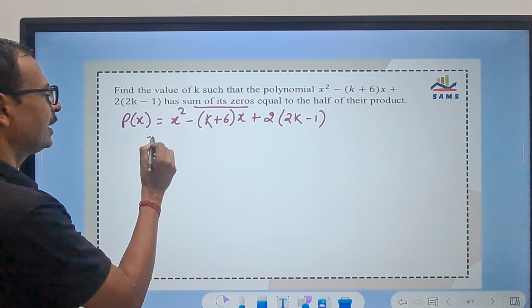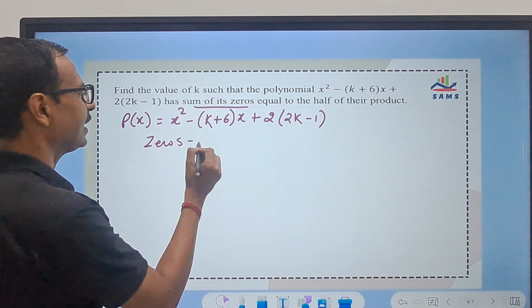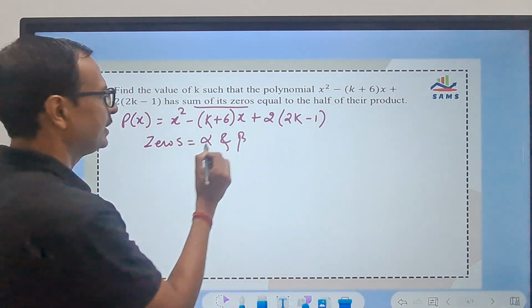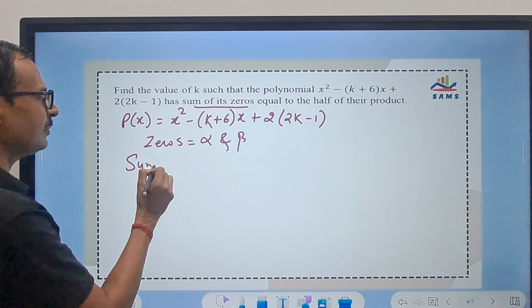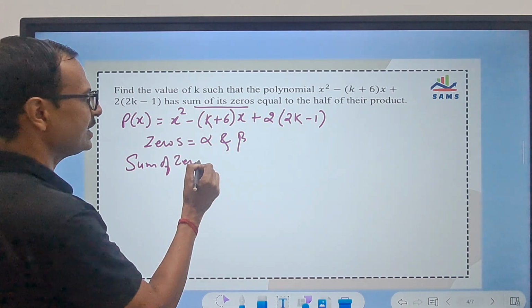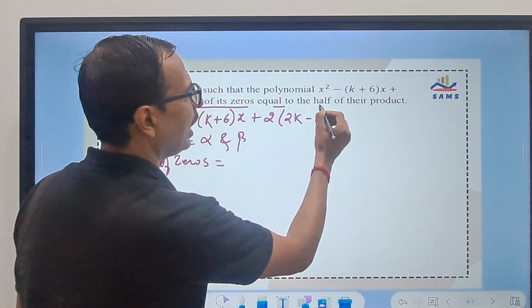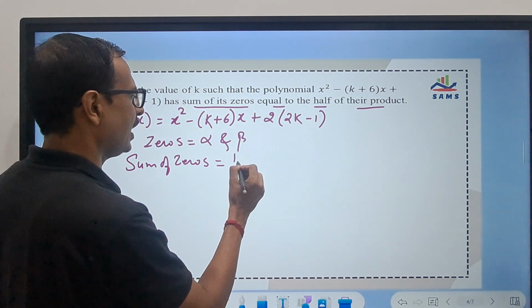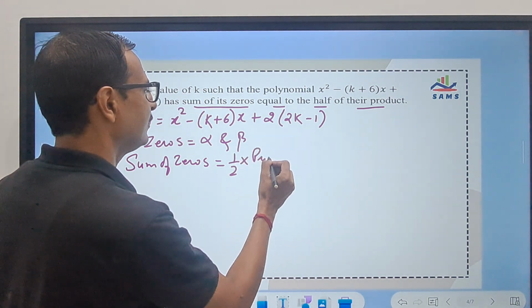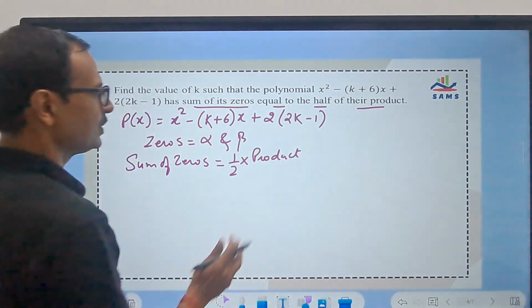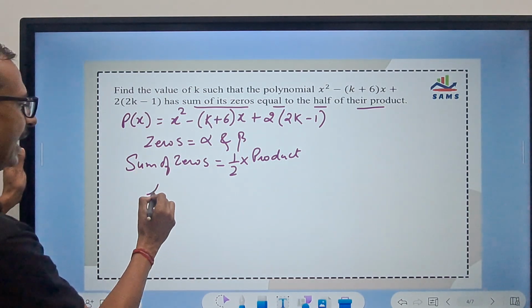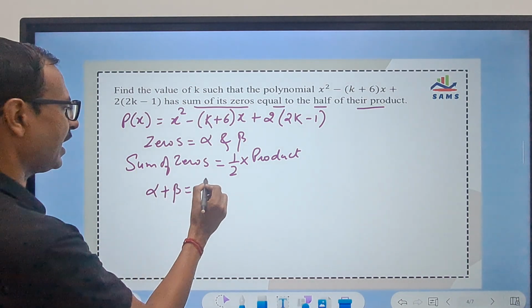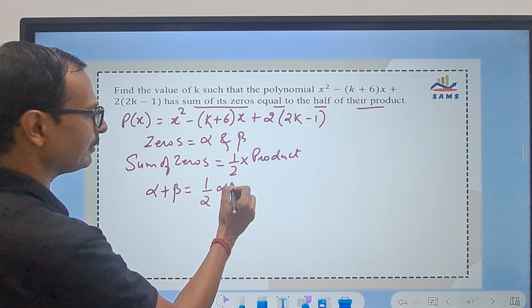So if you assume that the zeros are alpha and beta, then it is given that the sum of zeros is equal to half of the product of zeros. Sum of zeros alpha plus beta, right, is half of the product of zeros alpha beta.